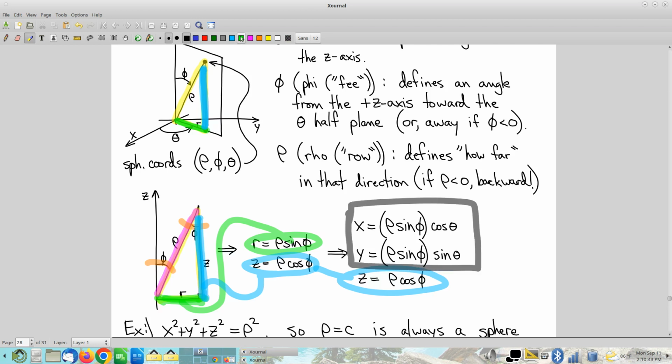We already have that x is r cosine theta and that y is r sine theta. Presumably y'all have already digested and memorized x equals r cosine theta, y equals r sine theta. Okay, cool. Just remember the trig of this little triangle, and now you automatically know the formulas for spherical coordinates. Yeah?